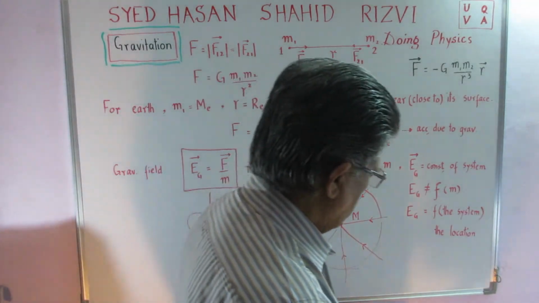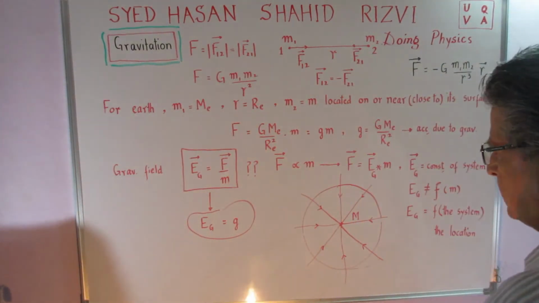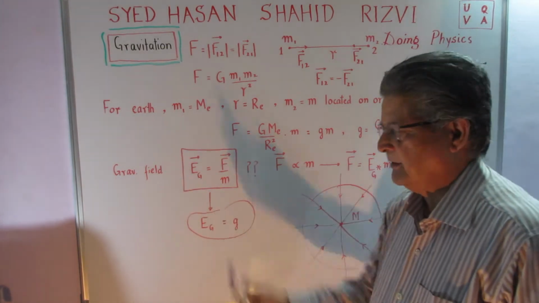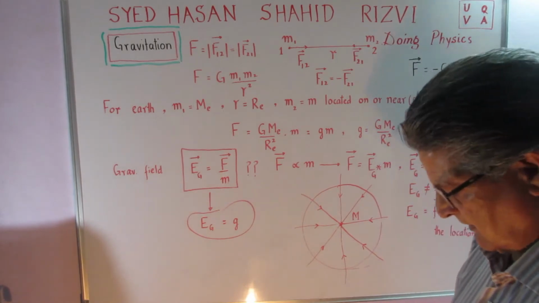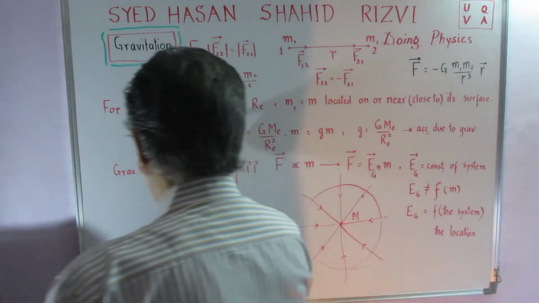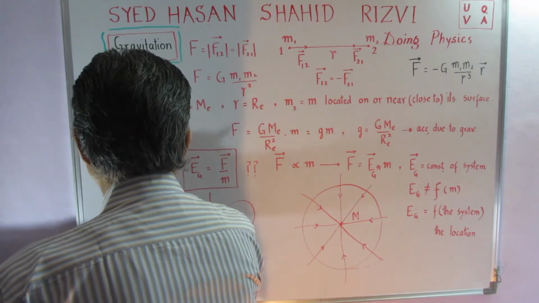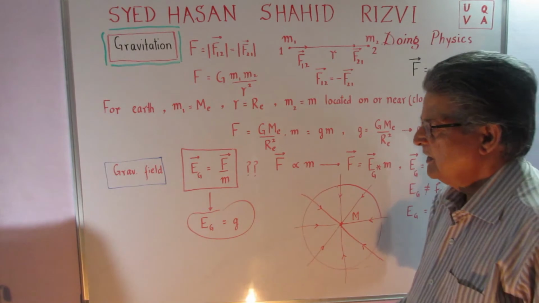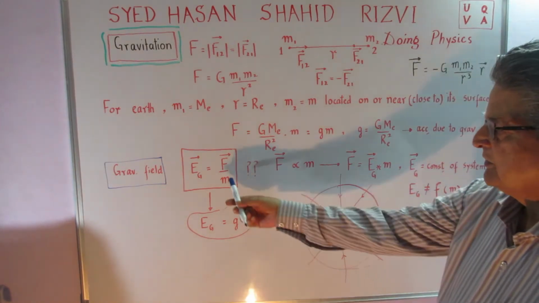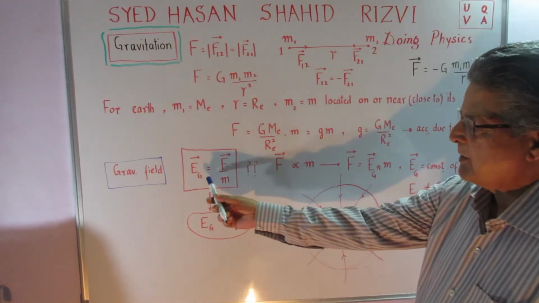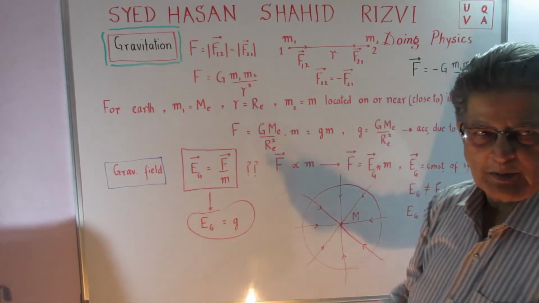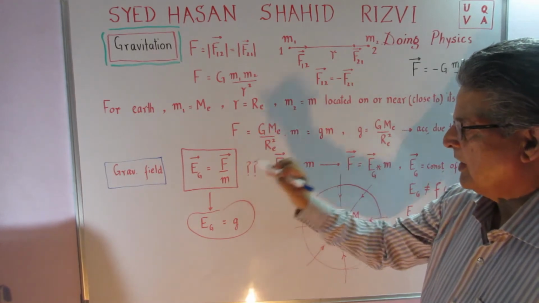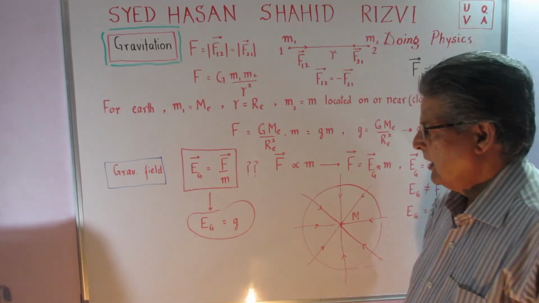Now, before I proceed further, I will talk to you about gravitational field. The gravitational field, I am writing field in analogy with the electric field, I just define it. Suddenly, that capital Eg, the vector, is equal to vector F divided by M. What does that mean?